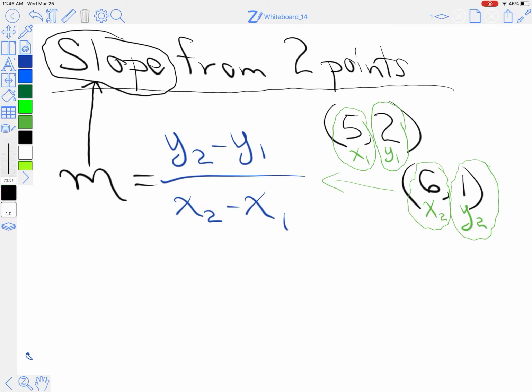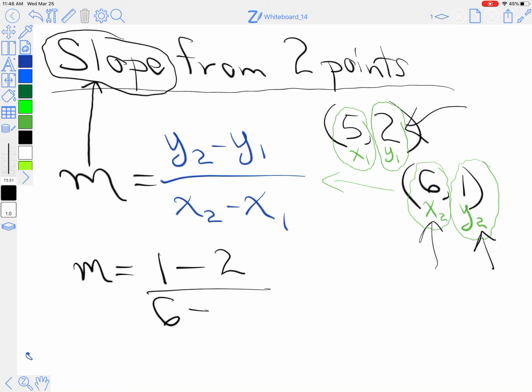Now maybe you can see we're going to take these values and put them into that formula. So if I say m equals y2, well, my y2 value is over here, it's 1, minus my y1 value, right here, that's 2. 1 minus 2 over x2, right here's my x2, that's a 6, minus x1, that 5.